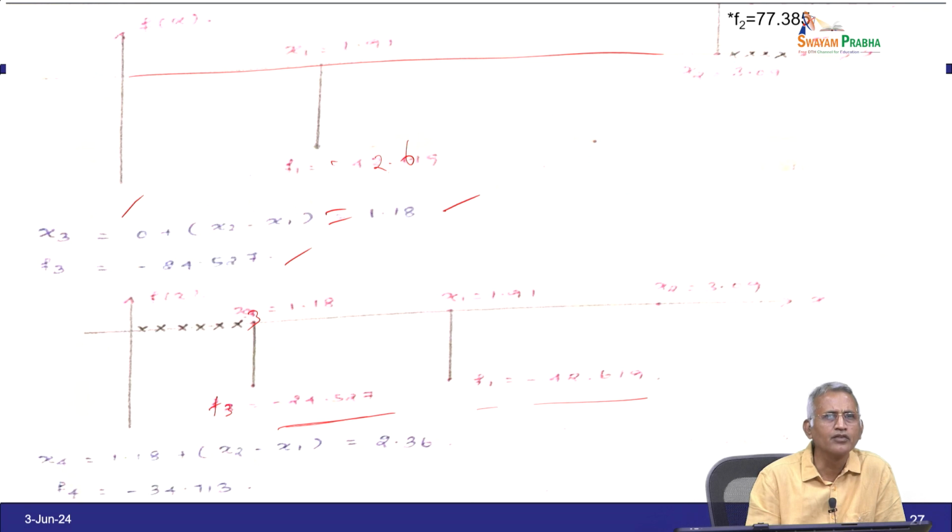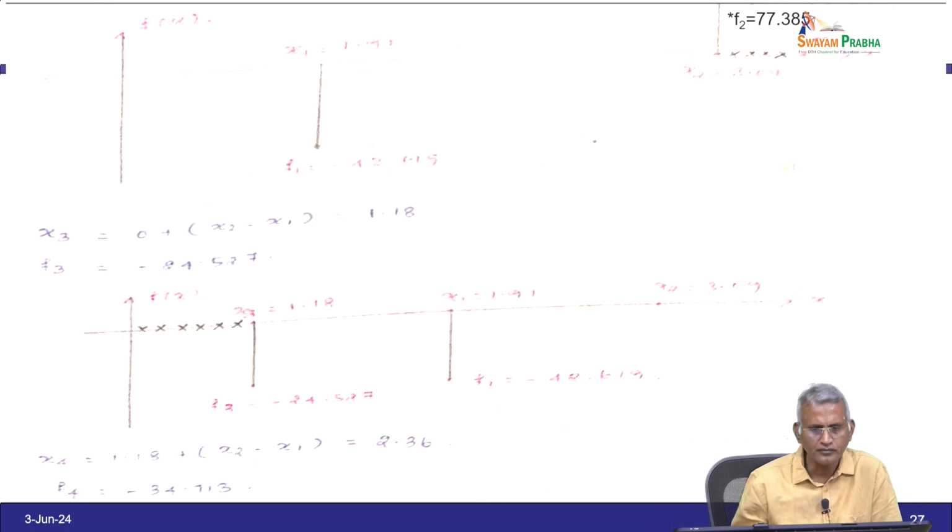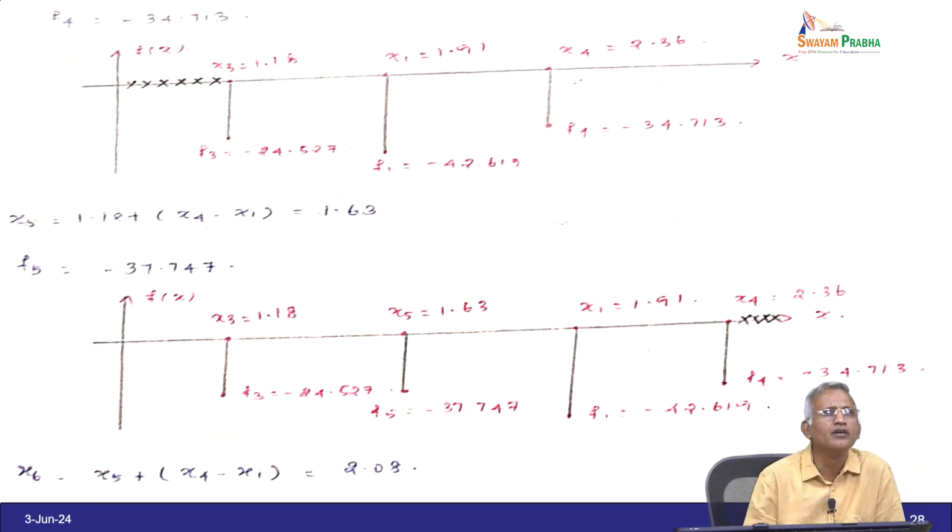Therefore, x4 equal to starting from x3 and then adding x2 minus x1. So, 1.18 plus x2 minus x1 equal to 2.36. Therefore, f4 equal to minus 34.713 will come.